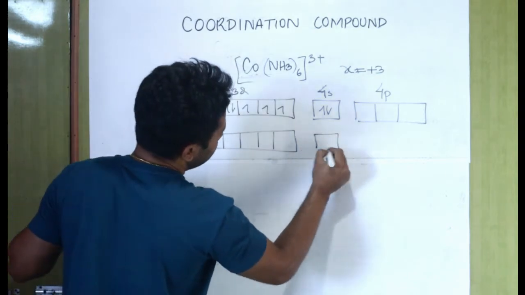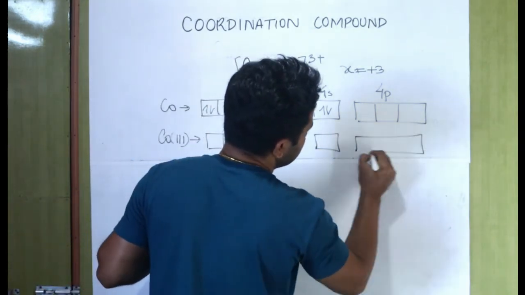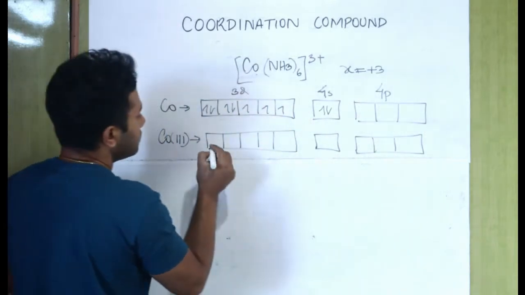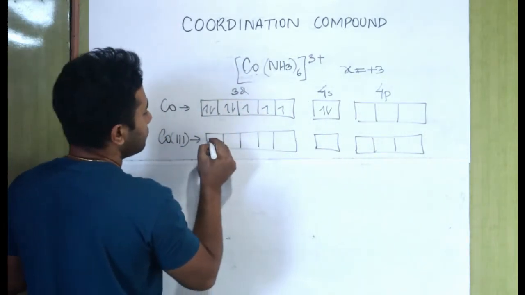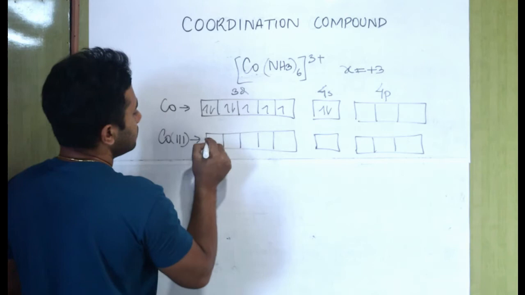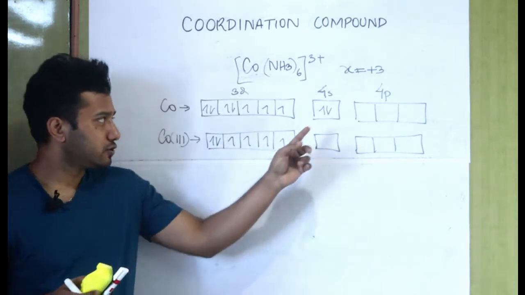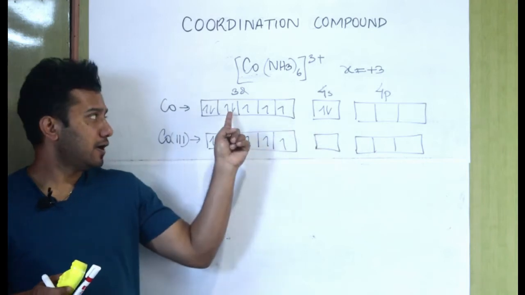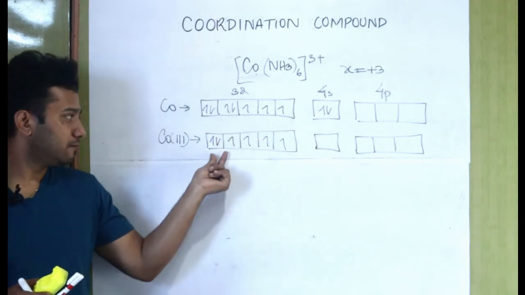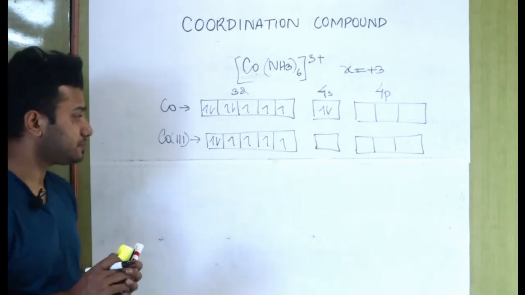I need to remove 3 electrons, 2 from here and 1 from here. So I will have 6 electrons.